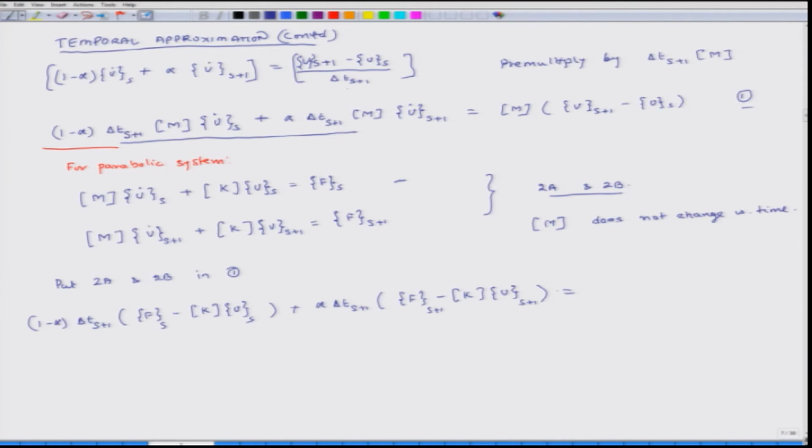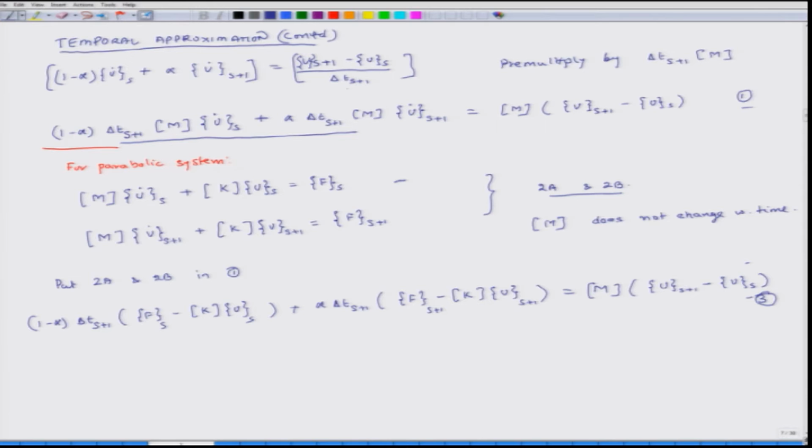And the right side becomes M times u s plus 1 minus u s. So that is my equation 3.